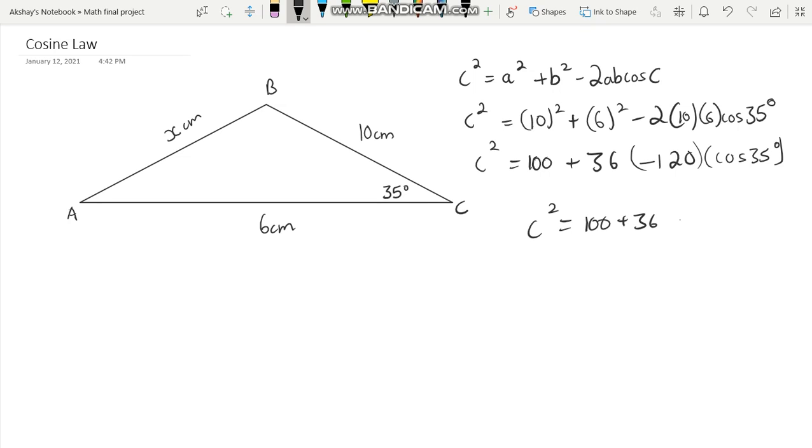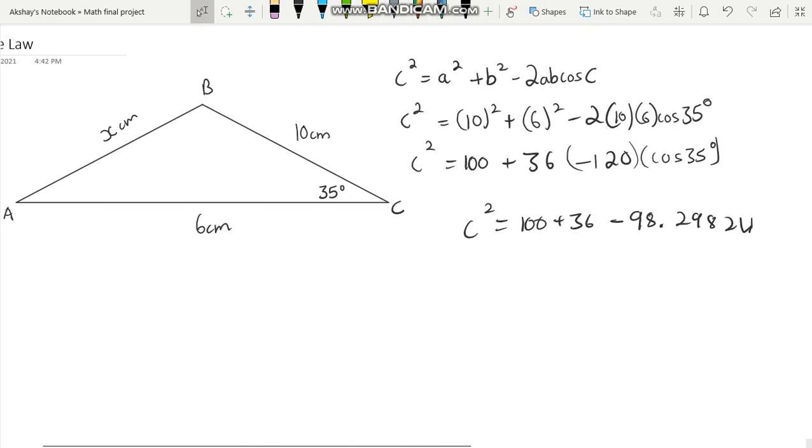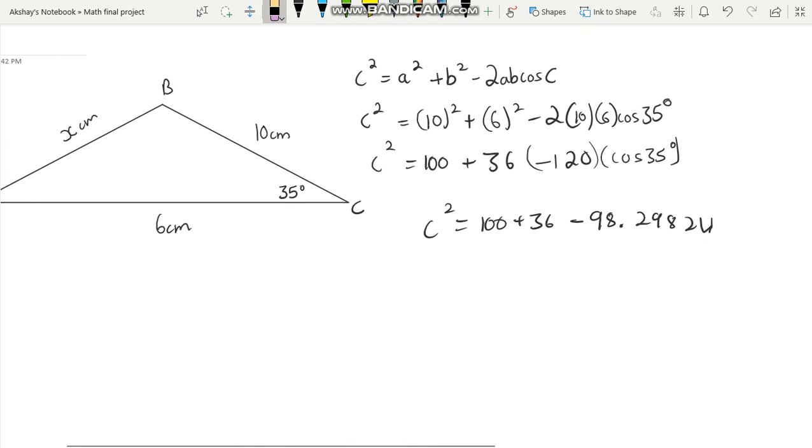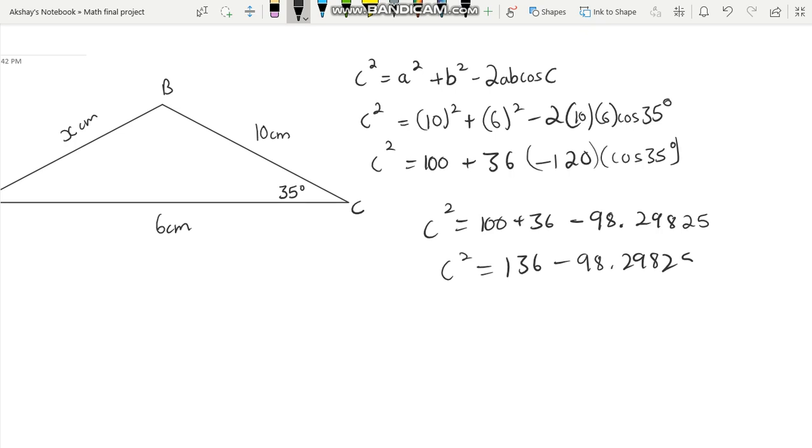We have minus 98.298245 and so on, 25, 825. Now I can add 136, which gives me 136 minus my 98.29825 approximately.